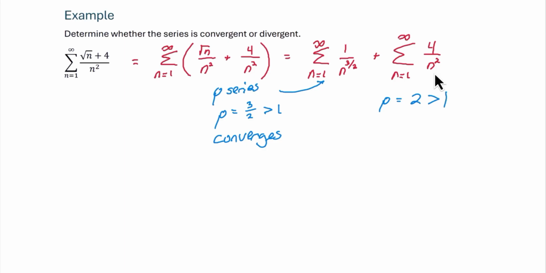And when p is bigger than 1, we know that the p-series converges. So if we have the sum of two convergent series, we know that the overall series, the sum from n equals 1 to infinity of the square root of n plus 4 divided by n squared, must also be convergent.